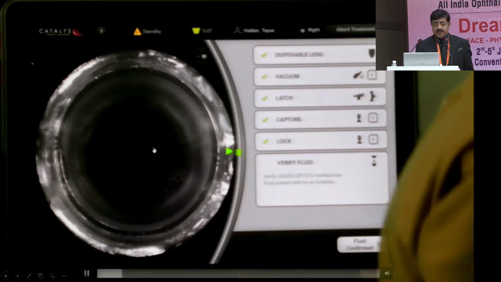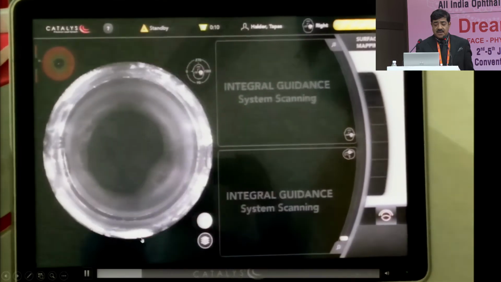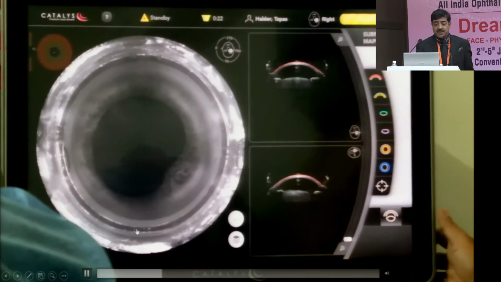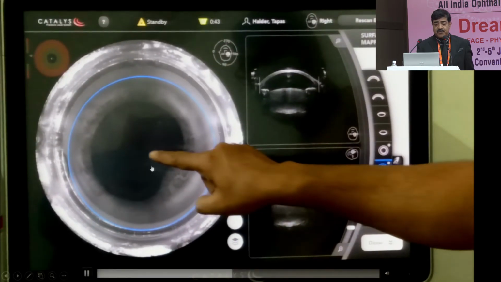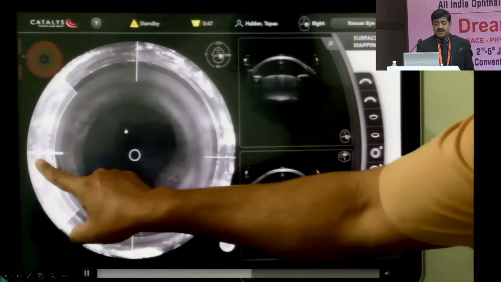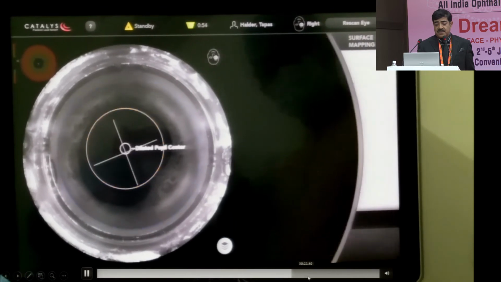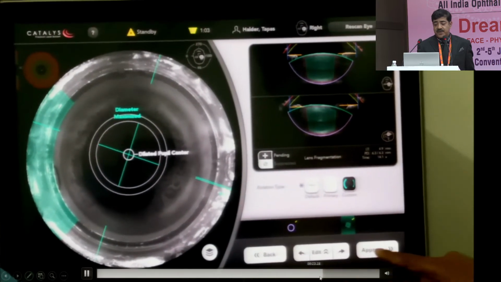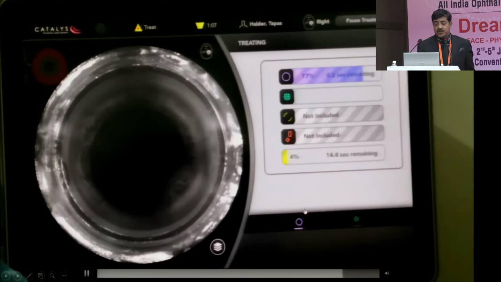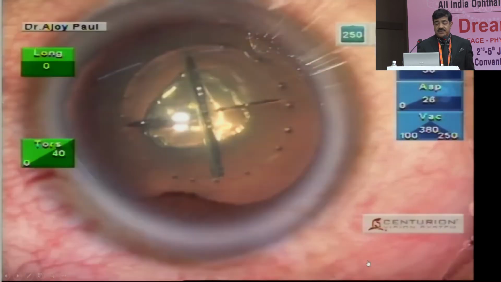See, look at this. This is again a subluxation there, and I have put the rhexis, as this is again a young Marfan patient who had a trauma. So there is a traumatic mydriasis also in this.